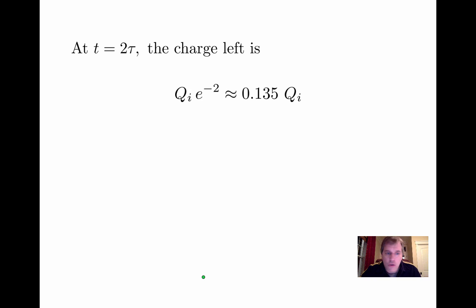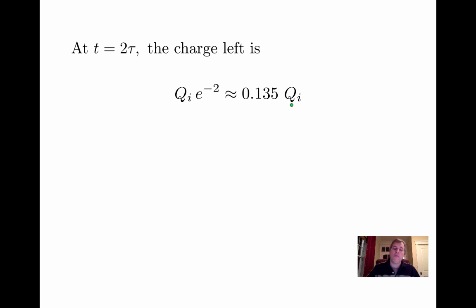Well, you use the equation, you set t equal to 2 tau, and you should check that what is left is equal to QI e to the minus 2, because you really have e to the minus 2 tau over tau, and the tau cancel out. So you get QI times e to the minus 2, and if you calculate that, that's about 13.5% of the initial charge.